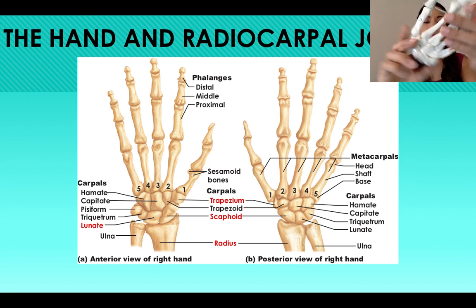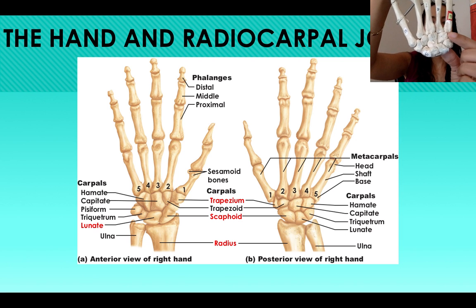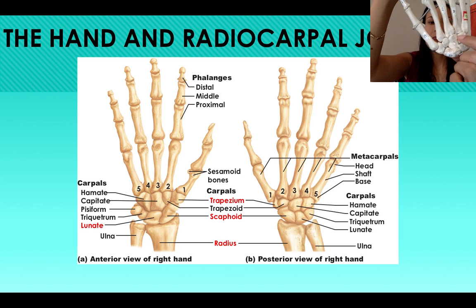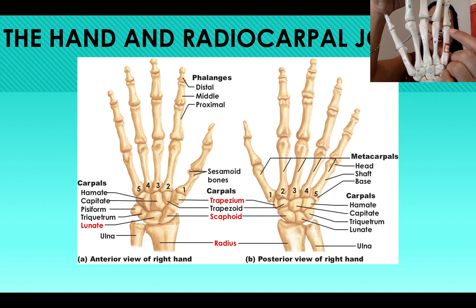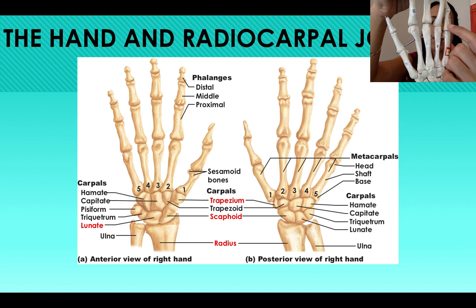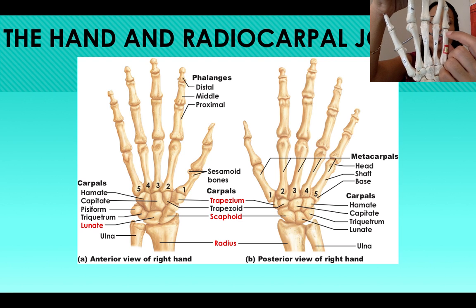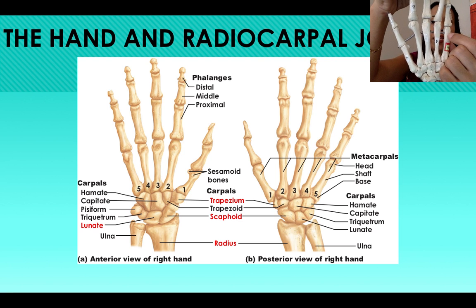In here we have the carpometacarpal articulation, the base of the metacarpal with the carpal bones. In here we have the head of the metacarpal with the proximal phalanx. So these are the knuckles or metacarpophalangeal joints.